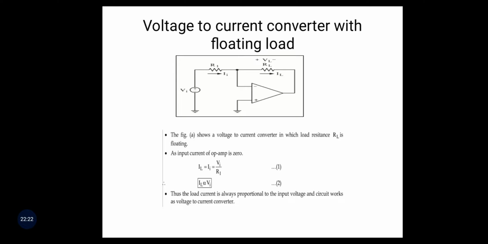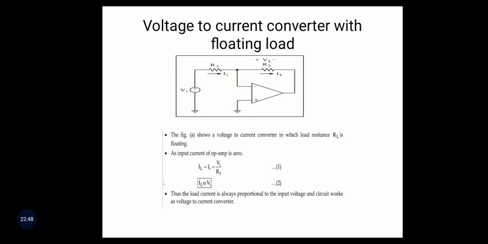The input current of the op amp is 0. That means IL equal to Ii equal to Vi by R1, because of the virtual ground concept: the positive and negative terminals are at the same potential, zero potential.